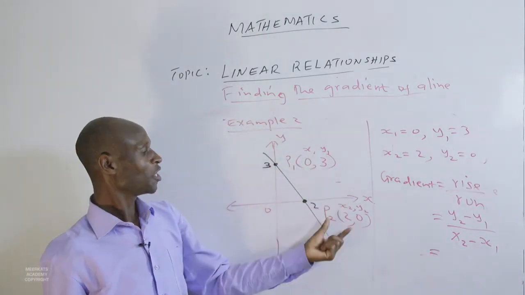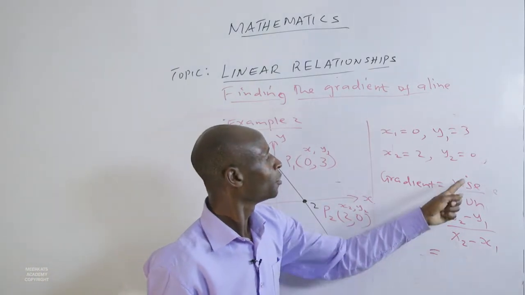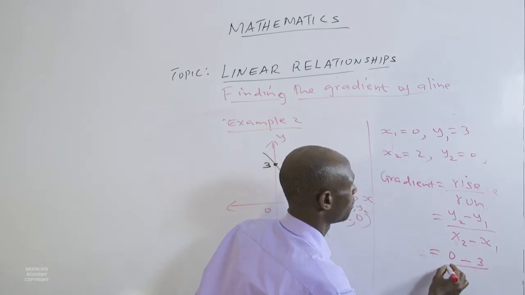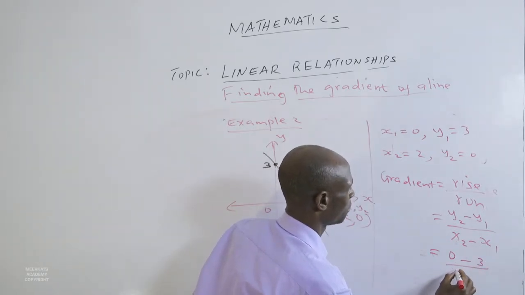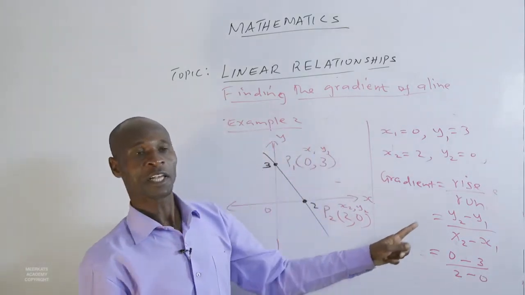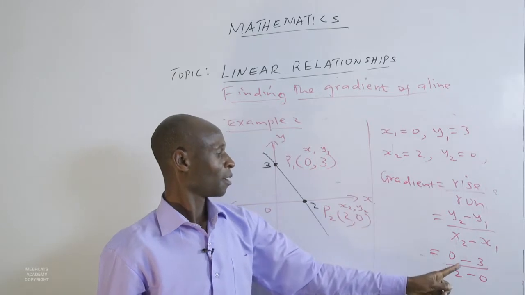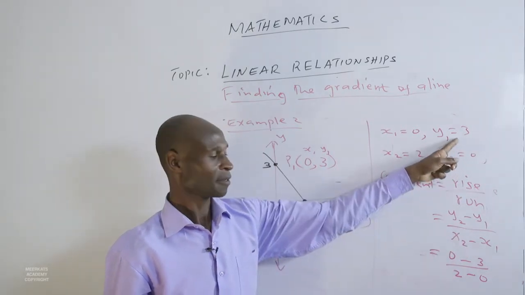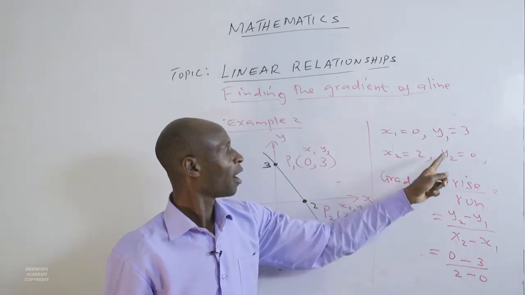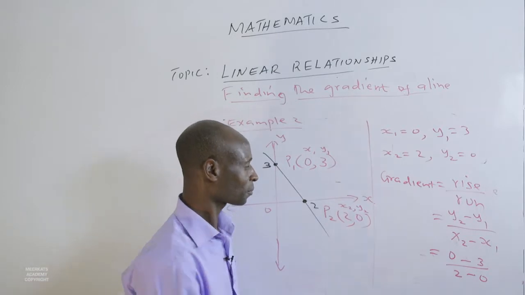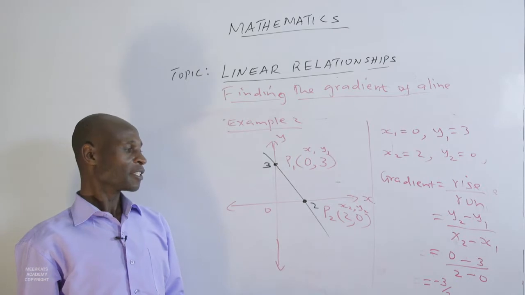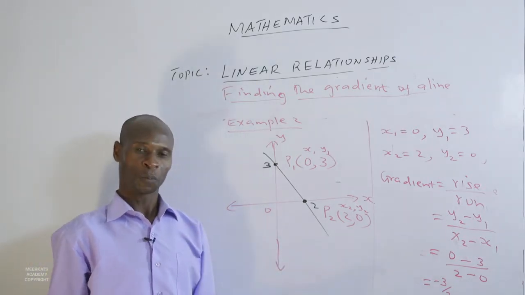If we substitute in the values, we take y2, which is 0, minus y1, which is 3, over x2, which is 2, minus x1, which is 0. So that gives us negative 3 over 2.